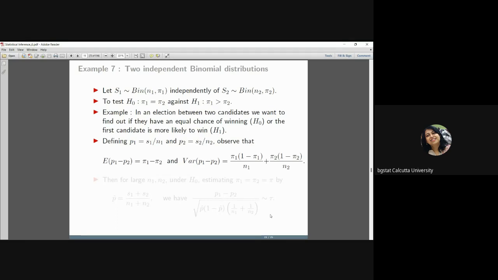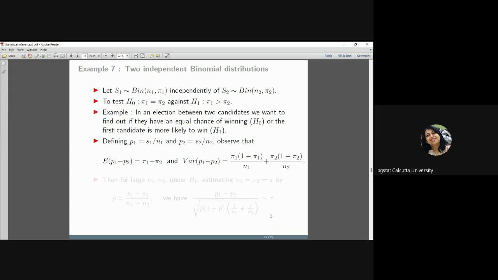So note that this is like a binary situation where each vote can be cast for one of these two candidates. So we are only considering the votes which are cast for one of these two candidates. So S1, let this be the total number of votes cast for the first candidate.